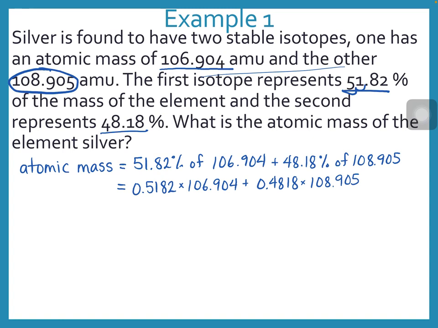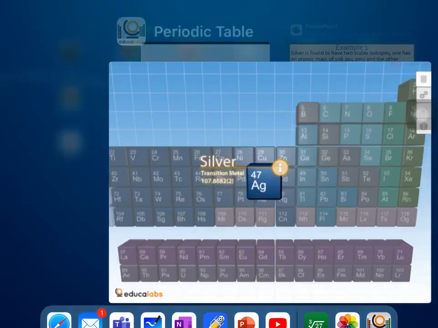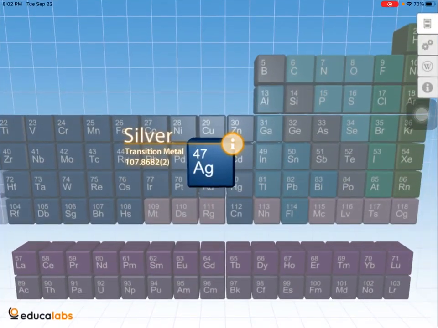And I can plug that all into the calculator in one go, and that is going to give me 107.868 atomic mass units. So the atomic mass for silver is 107.868 atomic mass units.